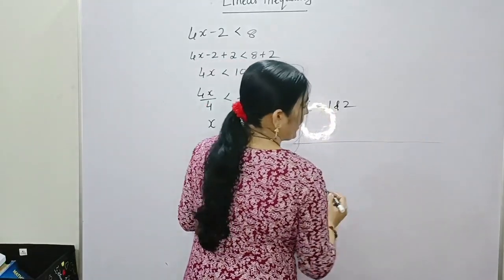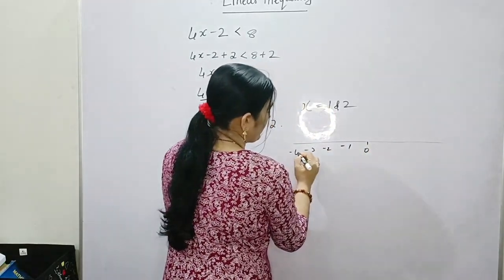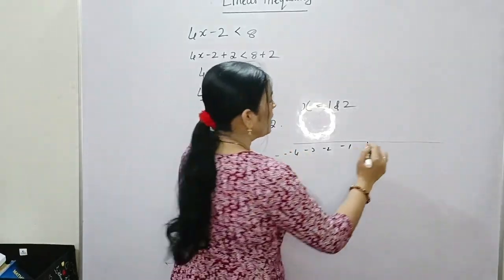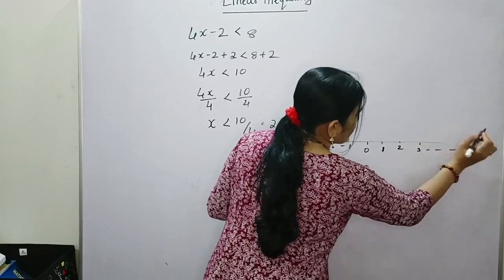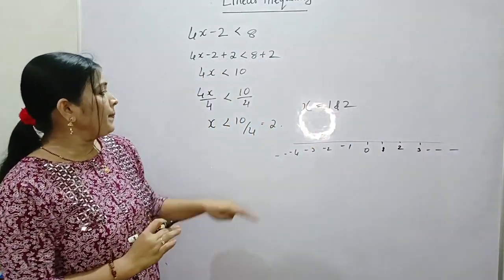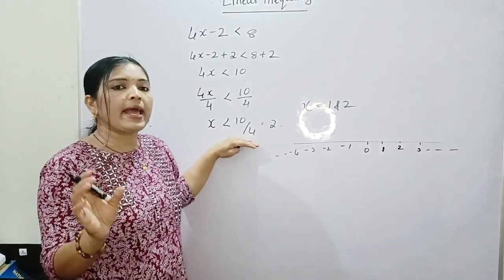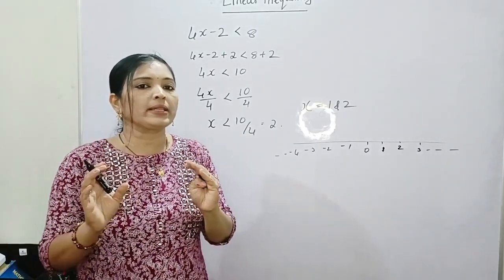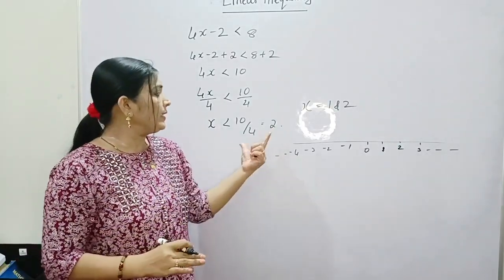See, on a number line, it is 0, minus 1, minus 2, minus 3, minus 4, etc. up to infinity. Here 1, 2, 3, etc. up to infinity. Here we have got the range of x: x less than 10 by 4, which is 2 point something.